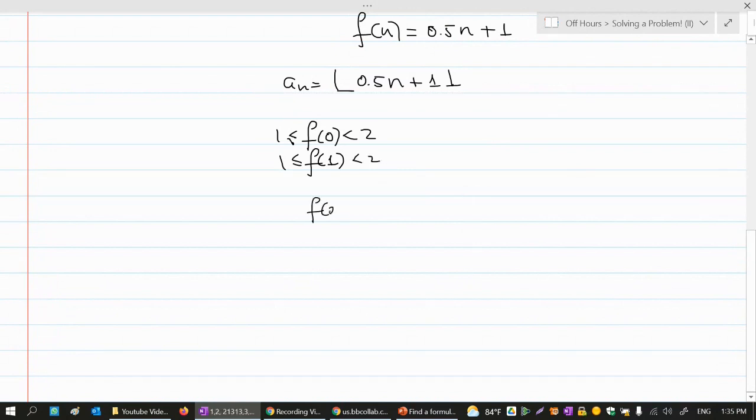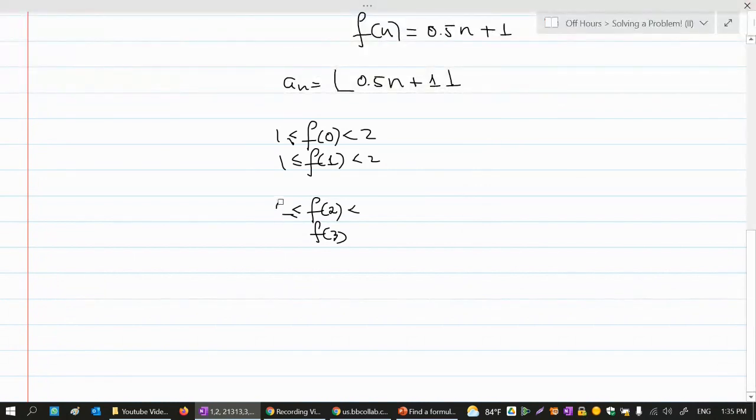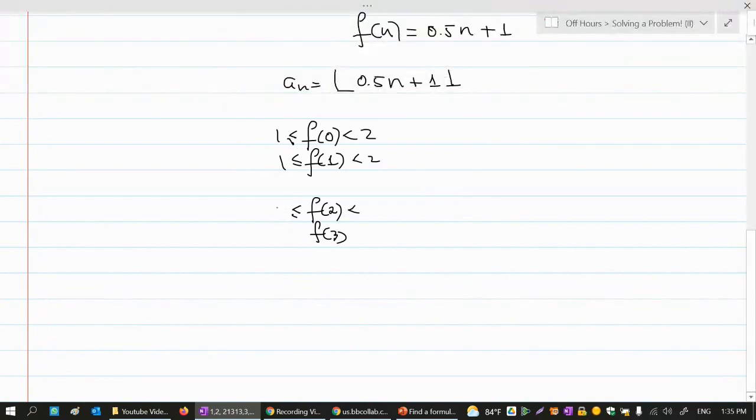Then f of 2 and f of 3 are both greater than or equal to 2 and less than 3, and so forth. Now let's try to use this idea to express it in general.